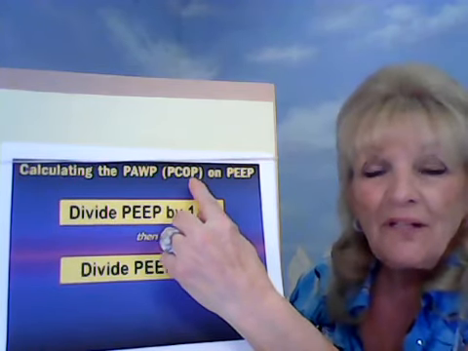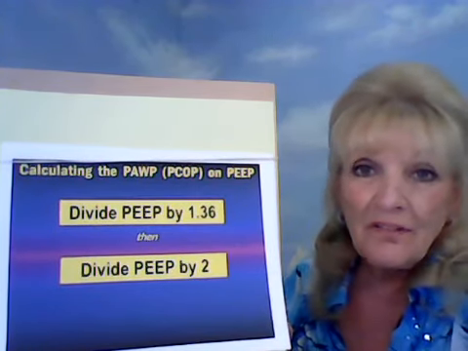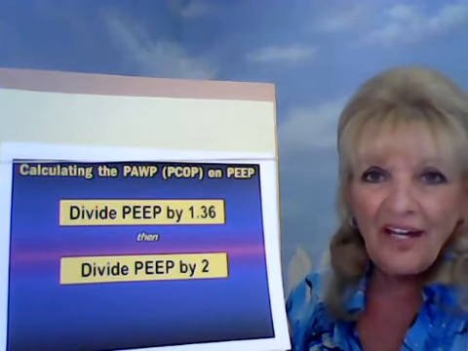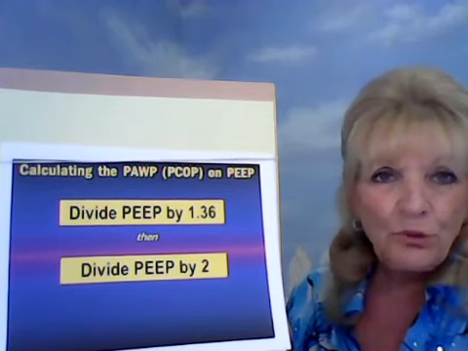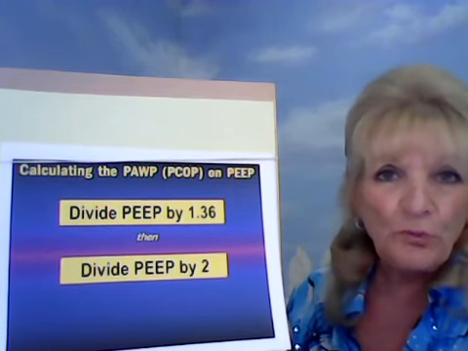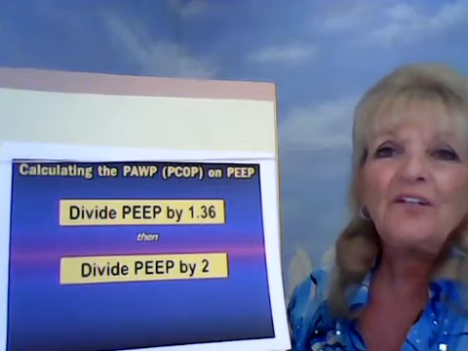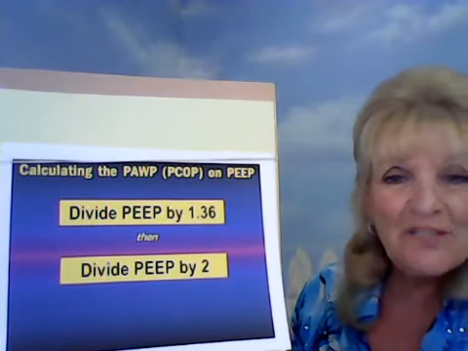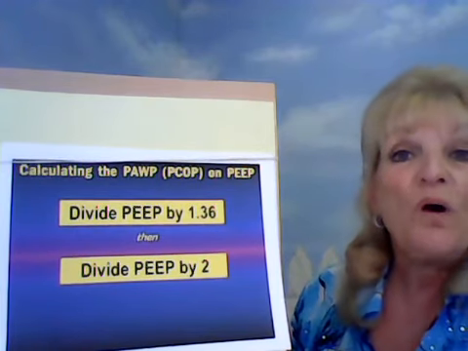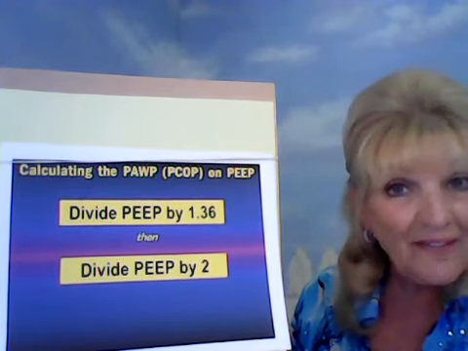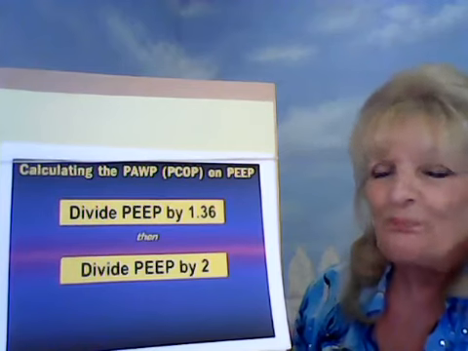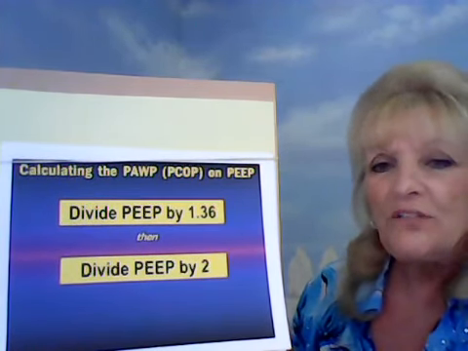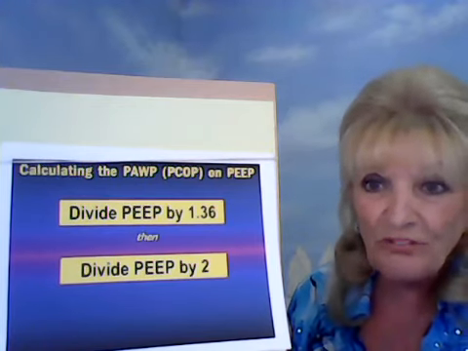So on the exam, just be aware that they'll be using pulmonary capillary occlusion pressure and not saying wedge pressure or pulmonary capillary wedge pressure or pulmonary artery wedge pressure. They use PCOP. So what we have to learn at this point is you take the PEEP, divide it by 1.36, and then divide it by 2. And then we're going to take that number and subtract it from our recorded wedge in order to get our real wedge.